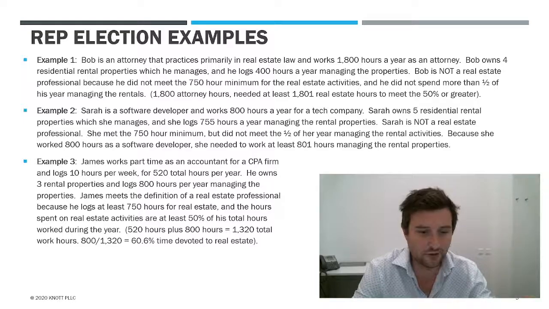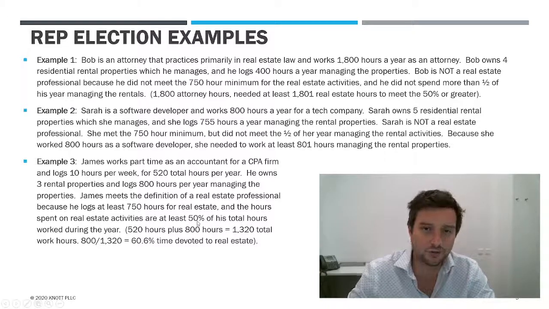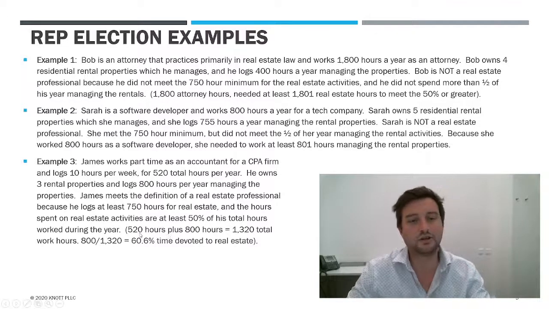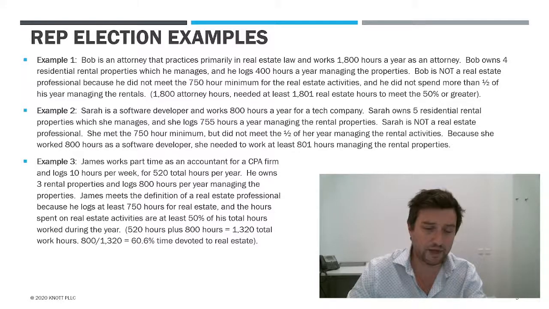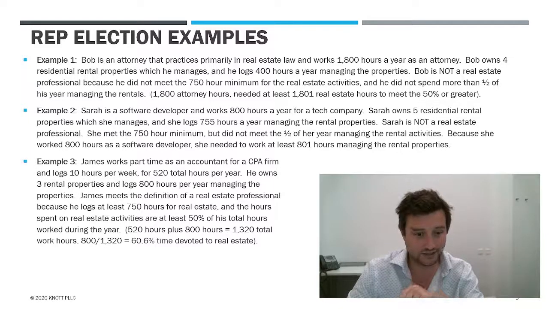But let's look at the first one. The hours spent on the real estate activities are at least 50% of his total hours worked during the year, right? So if we look at all of his work hours, he did 520 hours at the CPA firm, 800 hours working for the rental properties, managing those. So 1,320 hours worked during the year, right?